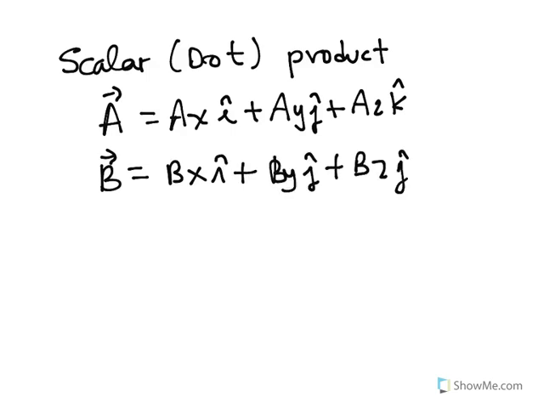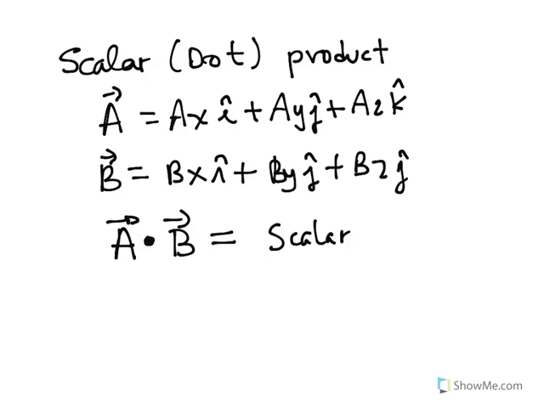The dot product is called the dot product because we use the symbol A dot B to express this is a dot product. And the answer here is going to be a scalar. This is going to be the result. That's the reason why it's a scalar product between two vectors.